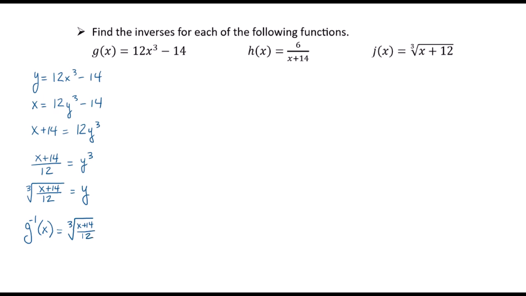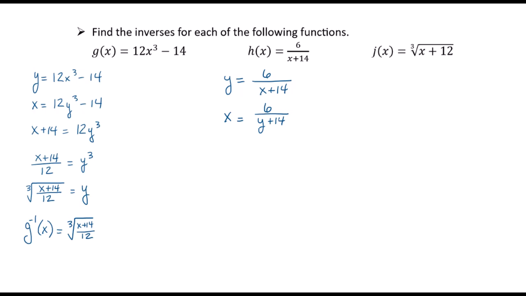h of x is 6 over x plus 14. Again, write the function without function notation, switch your x's and y's, now it's our job to solve for y.